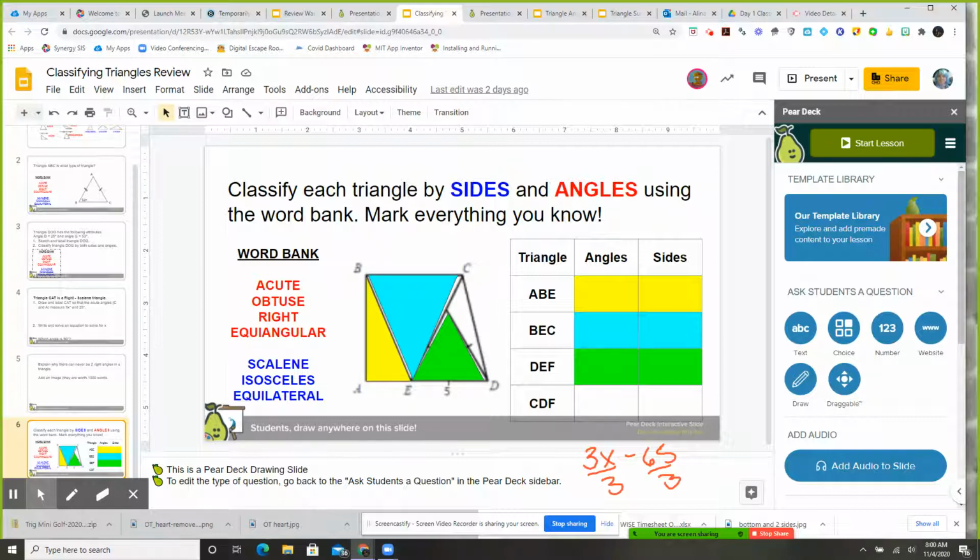ABE is that yellow triangle. What two words would you use to describe that? What two words? Put it in the chat. What two words would you use to describe the yellow triangle?